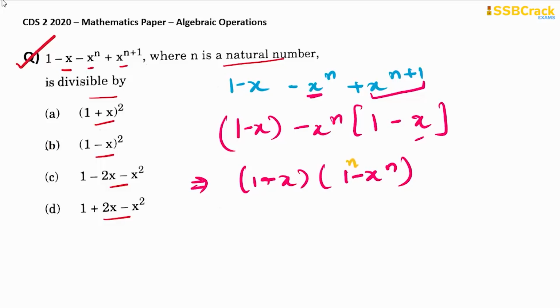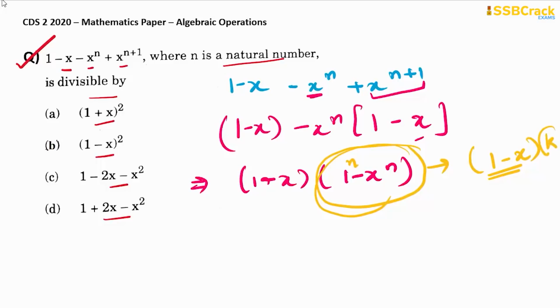Okay, and we know that for expressions like this, we have a factor which is 1 - x always, and we have also studied this exact thing in one of the questions in this particular session. Hence we can write this term as (1 - x) into k, where k can be any factor.